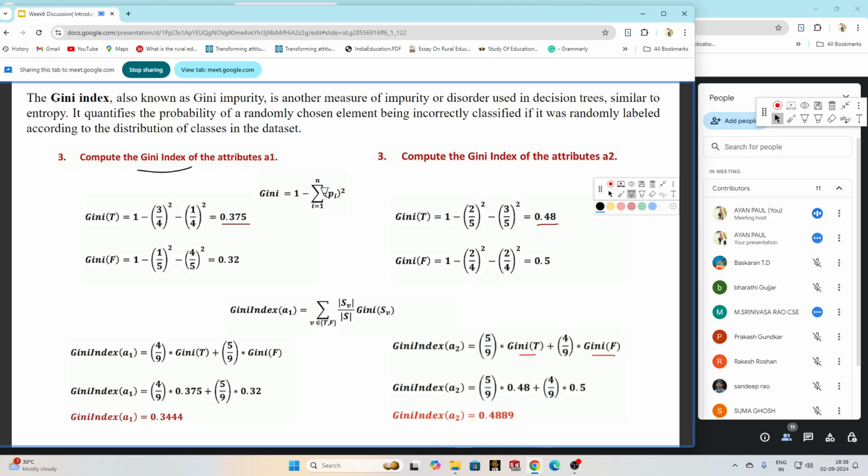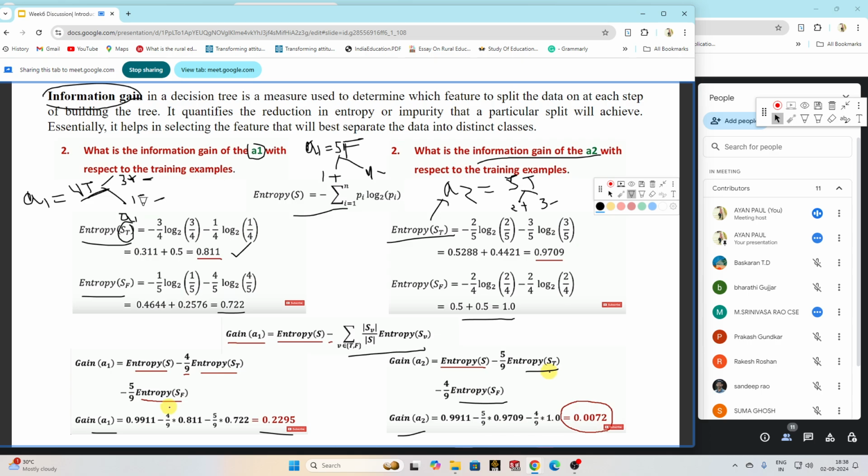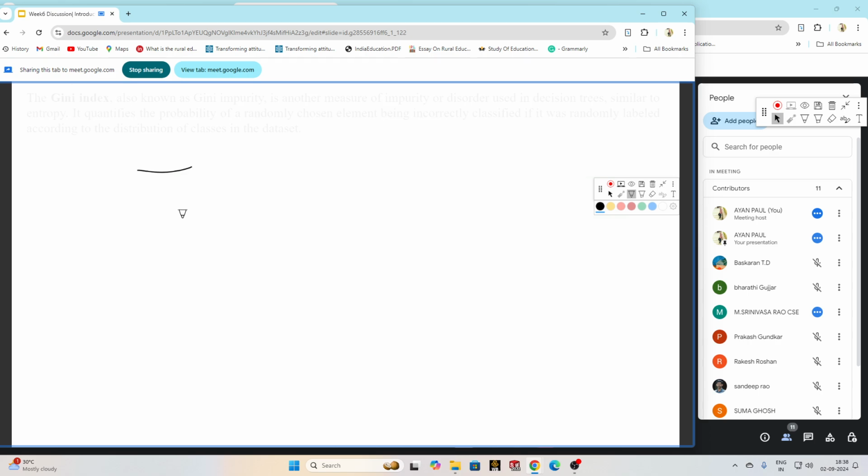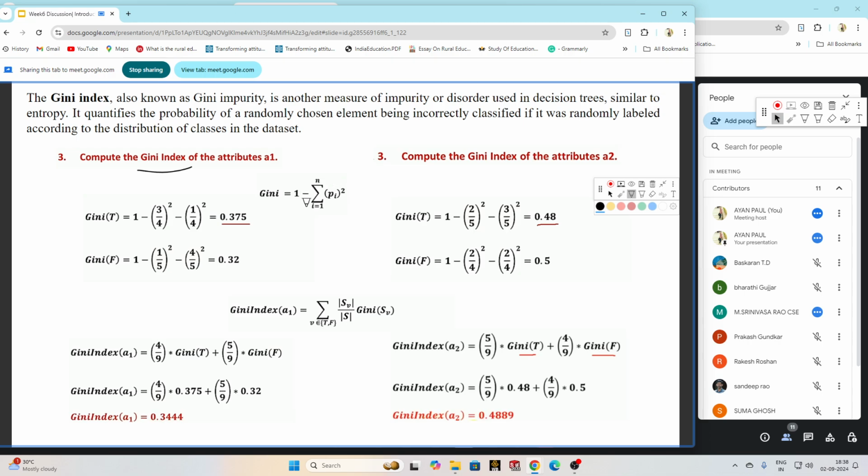The formula is 1 minus sigma i equals 1 to n, pi squared, where pi is the probability of that class in that attribute. Here we have 4 true examples, and out of those 4, 3 are giving positive and 1 is giving negative. So according to the formula, it is 1 minus (3/4) squared minus (1/4) squared, so you will get 0.375.